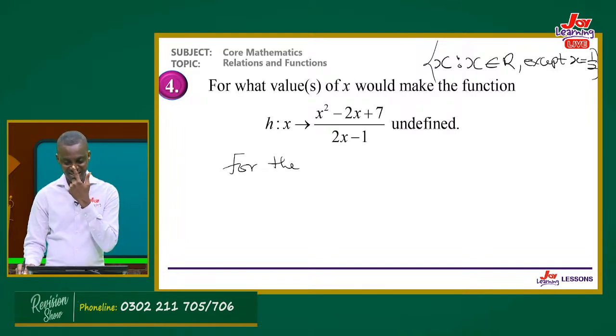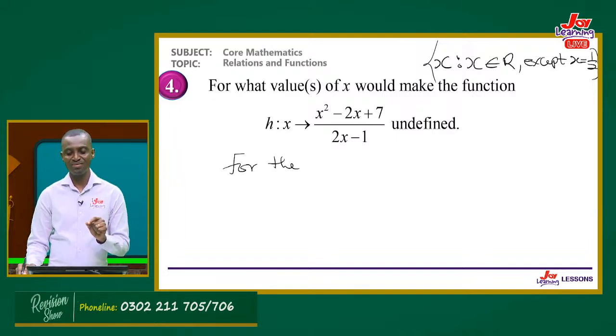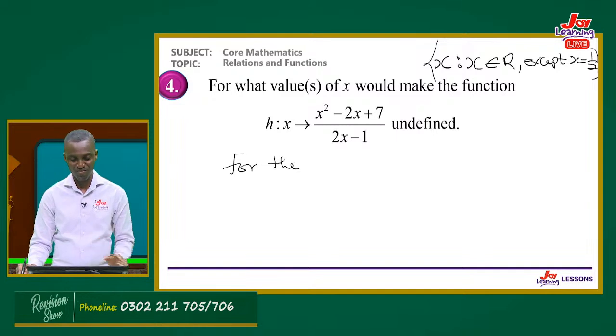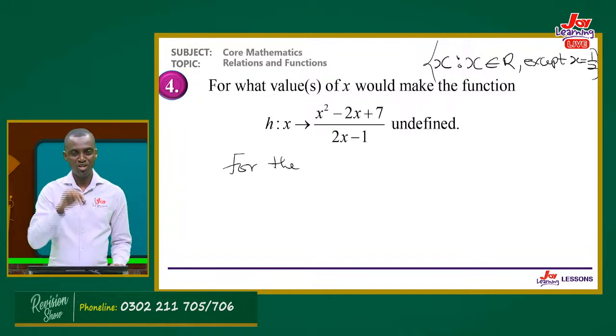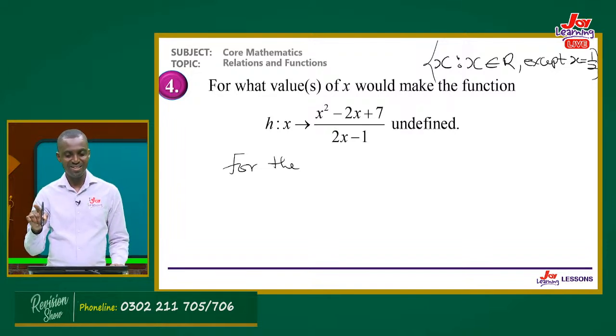Stephen is saying that the answer is x such that x is out of all real numbers except x is equal to half. Okay, here we are looking at the values that will make it undefined, not the domain. The question says what value or values of x will make the function undefined.